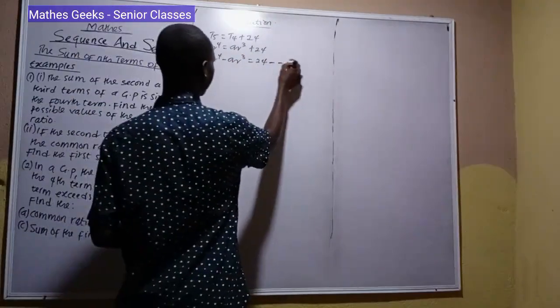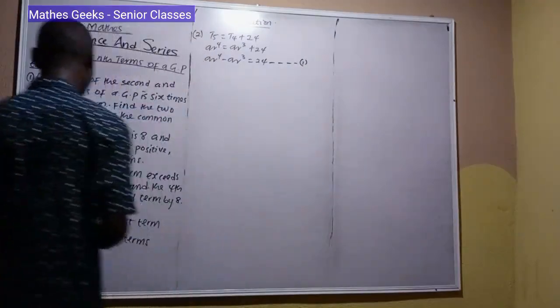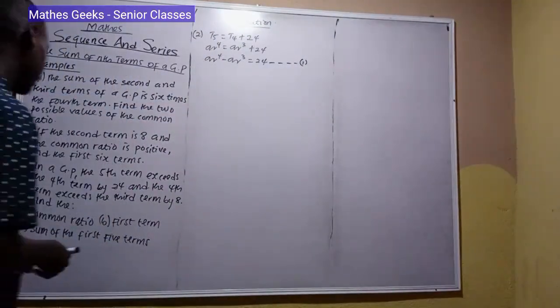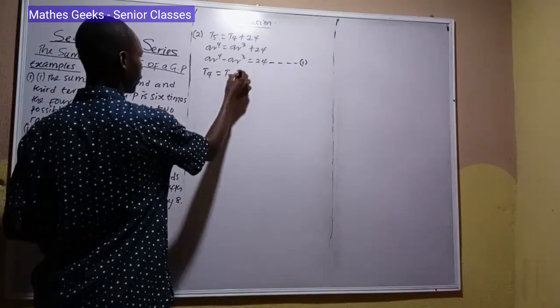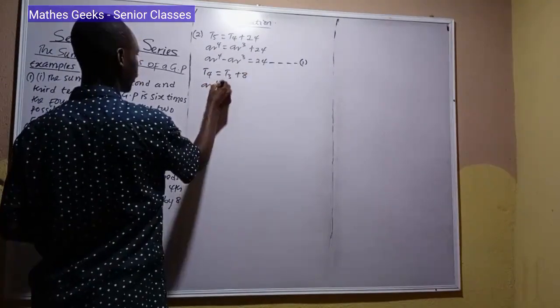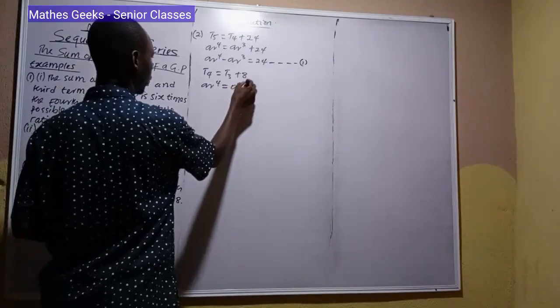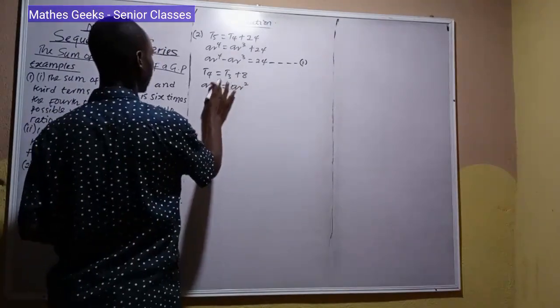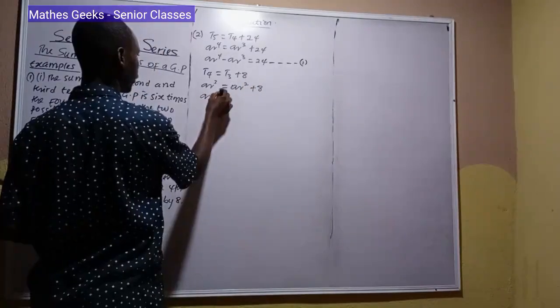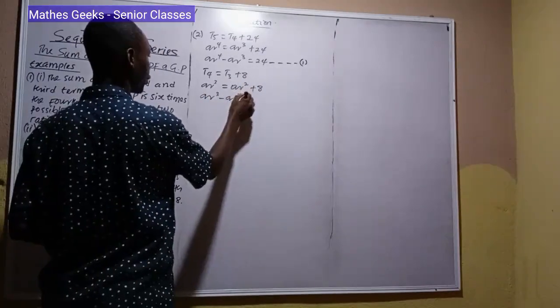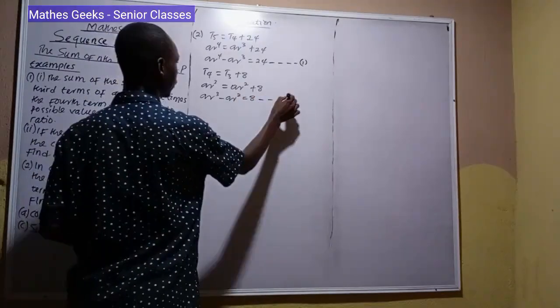So this will give us equation 1. And the 4th term exceeds the 3rd term by 8. T4 is equal to T3 plus 8. So A r raised to 3 is equal to A r raised to 2 plus 8. A r cubed minus A r squared is equal to 8. Equation 2.